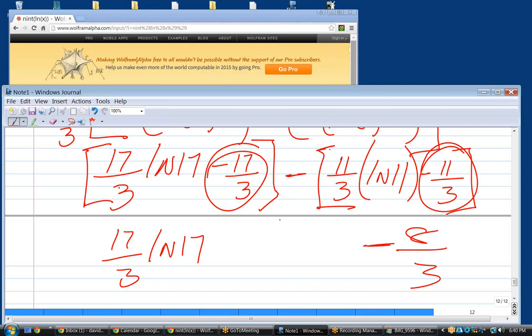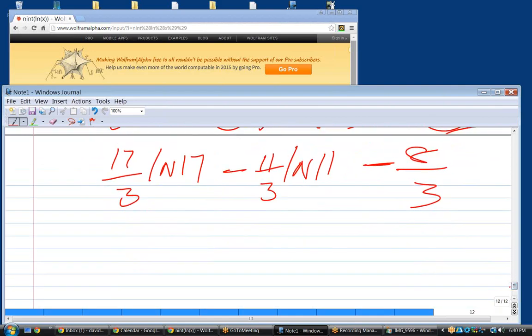And this becomes minus 11/3 natural log of 11. And natural log of 17 minus natural log of 11 is, how do you combine that?